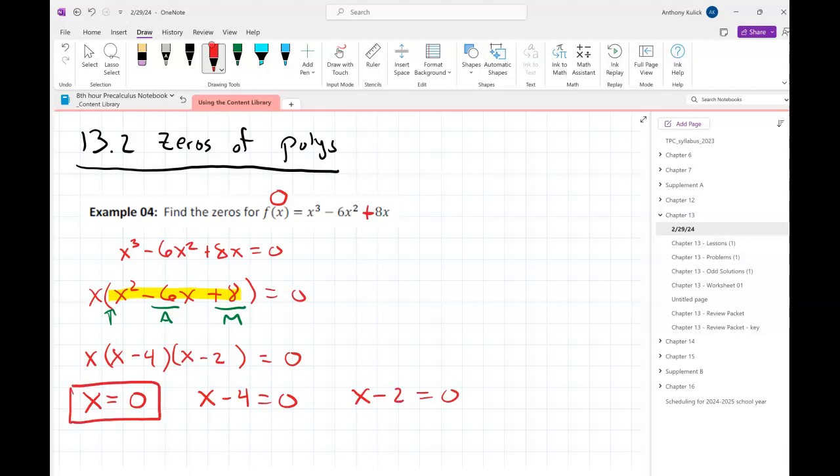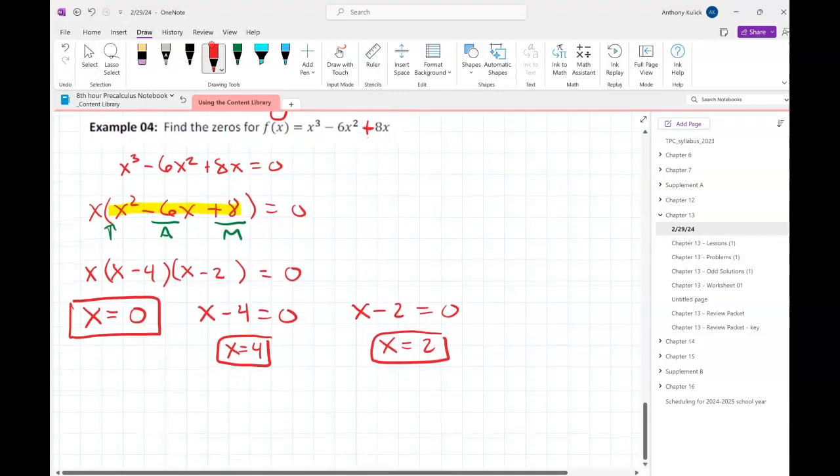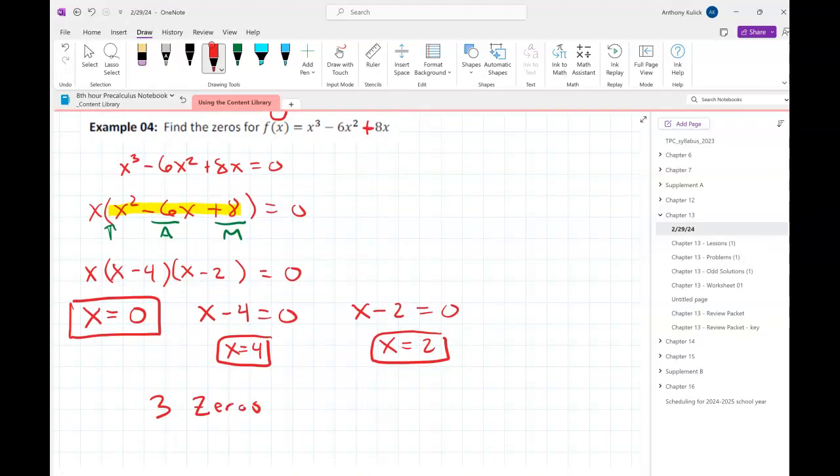Well, x equals 0, that's already a solution, right? How do I solve x minus 4 is equal to 0? Add 4 to both sides. So what do I get for the last one? X equals 2. How many zeros did I end up with? 3 zeros, right? We found exactly the 3.